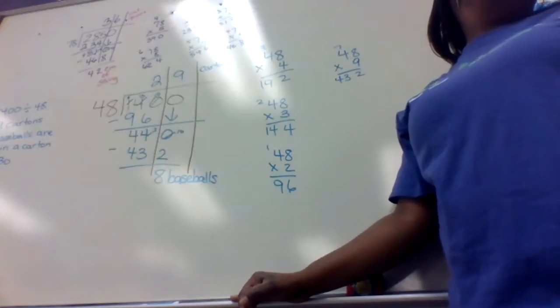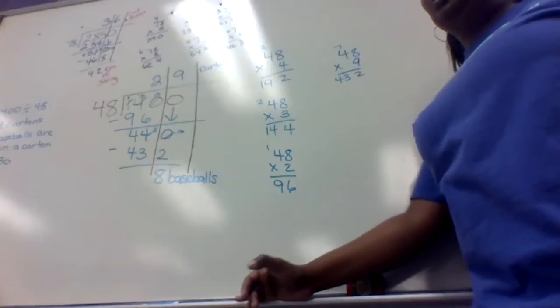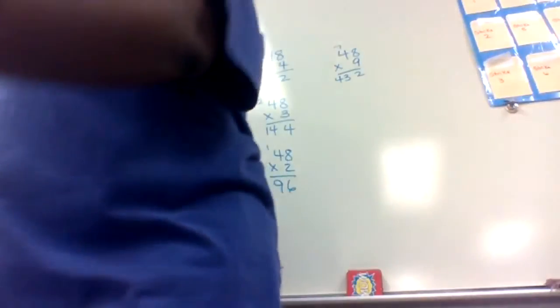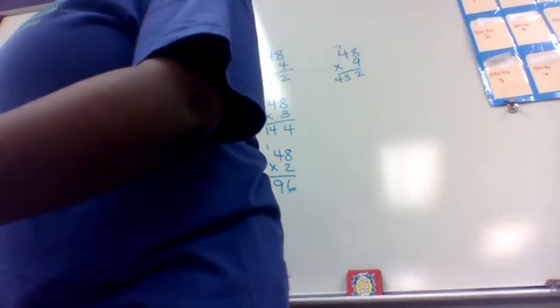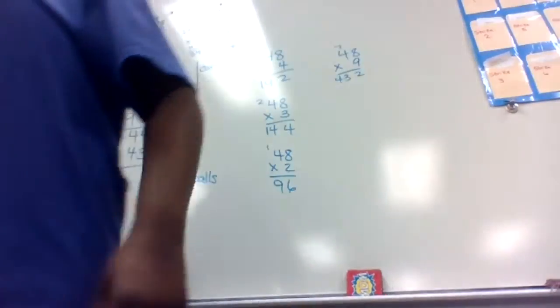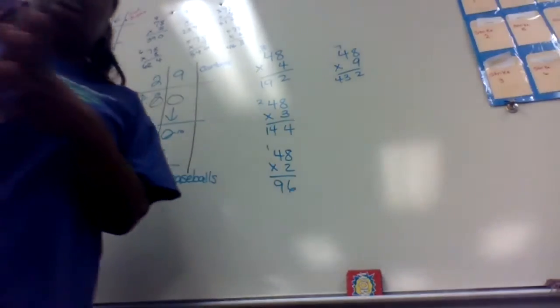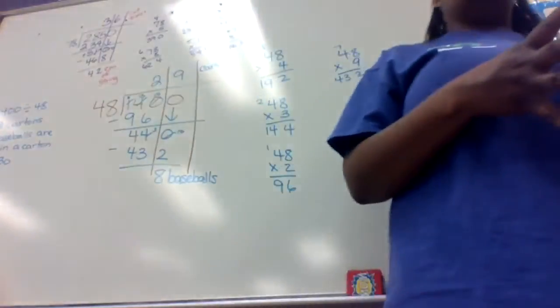So does anybody have any questions? Go back to page 85. I want you to take out a sheet of paper and work those problems out like they should. If you are not going to work them out, they're going to be wrong.